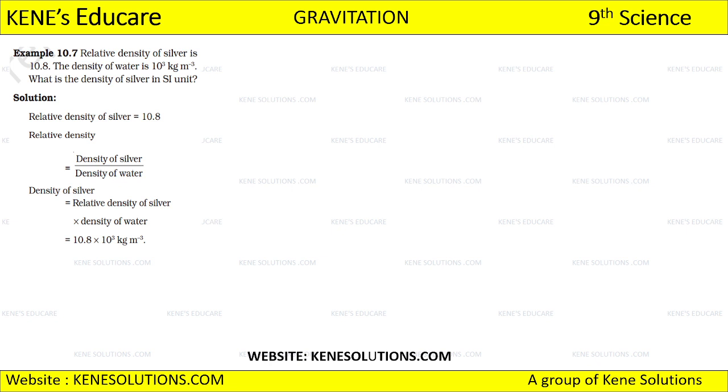We know the formula for relative density is density of substance upon density of water, and here the substance is silver, right? Density of silver upon density of water. So we know the relative density that has been given, so what we will do is density of silver equals relative density into density of water, and we get the answer as 10.8 into 10 raised to 3 kg per meter cube. Okay.